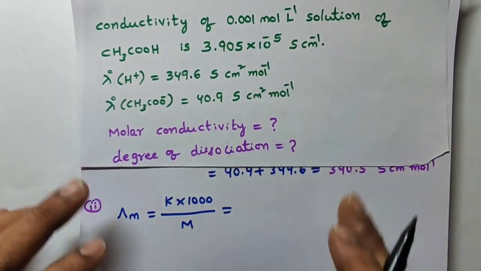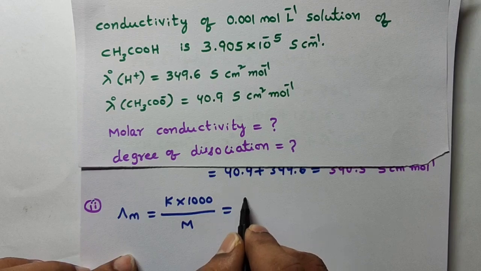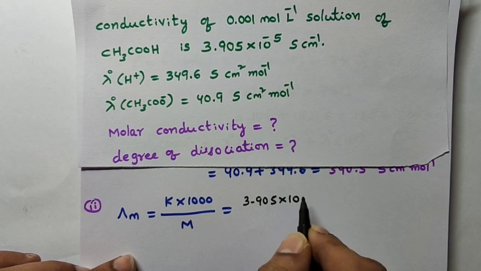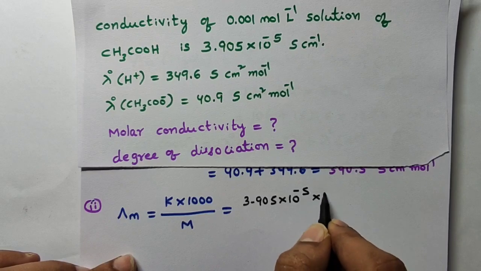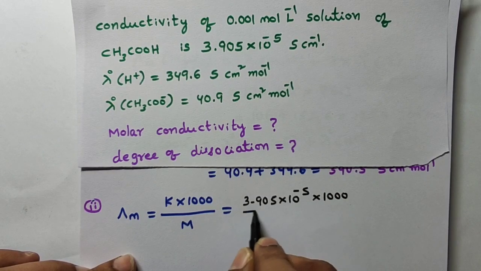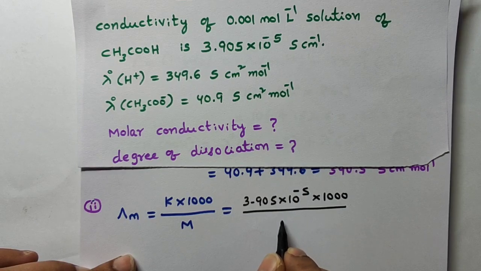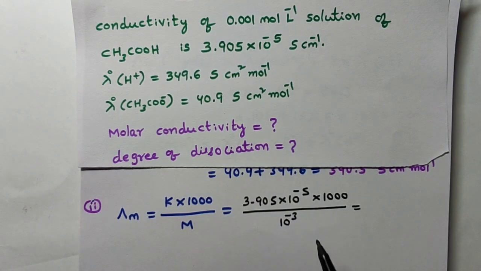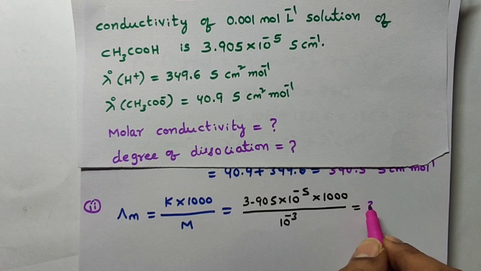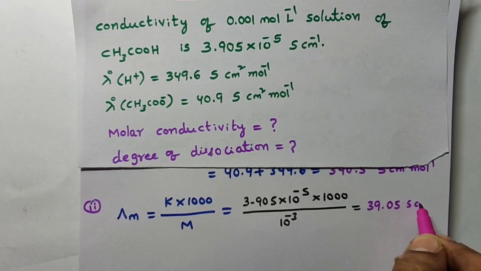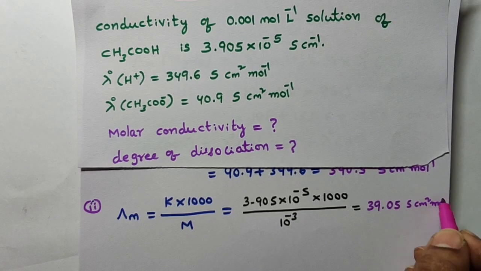Okay, so let us write here 3.905 into 10 to the power of minus 5 into 1000 divided by molarity 0.001, nothing but 10 power minus 3. Okay, simple calculation only. If you do this calculation, we will get the answer 39.05 Siemens centimeter square mole inverse.